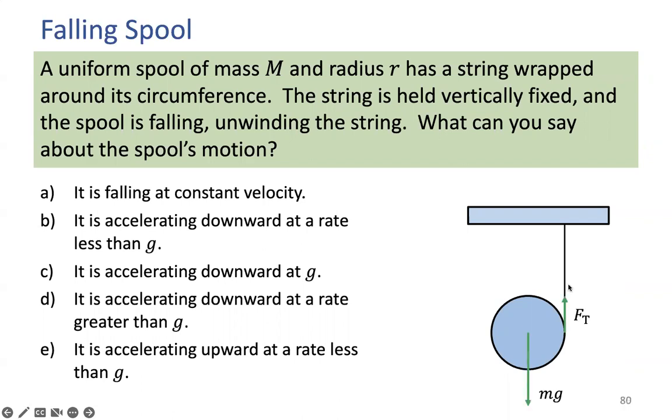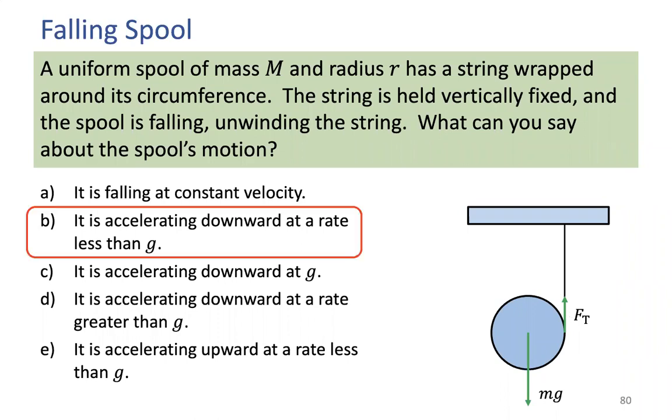But with this tension force and the gravitational force, it will try to go down, but this string, this thread is trying to hold it. That's why even without doing any math, you can say the spool is going to accelerate downward because of this holding. It is going to slow down. It is accelerating downward at a lower, less than gravitational acceleration rate. Okay, that's the conceptual way.